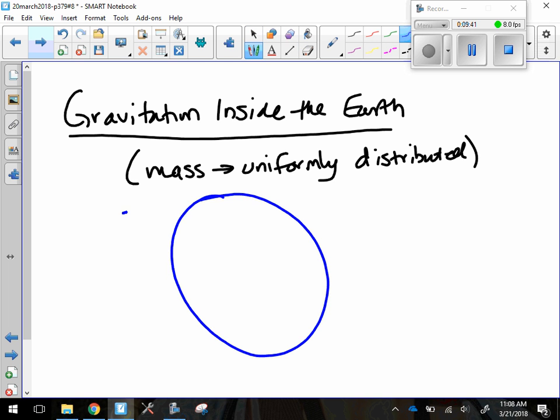So if this is going to be the Earth, and here's going to be the center of the Earth, and I'm talking about a little mass here that's at some r prime that's smaller than the radius of the Earth, then what physics ends up telling us is that it's only the mass that's inside that radius that contributes to what my gravitational force is going to be.